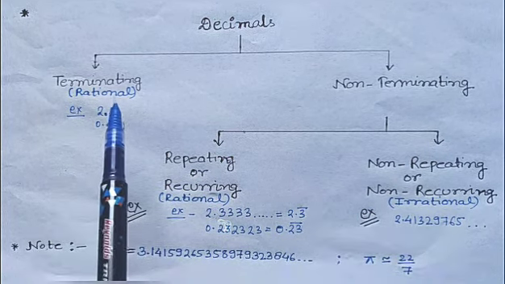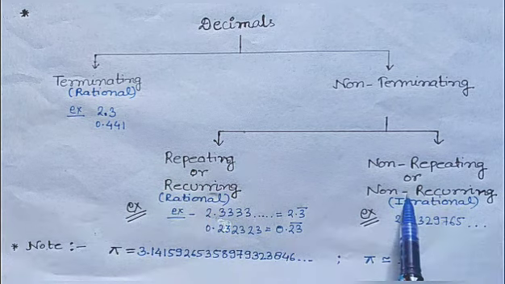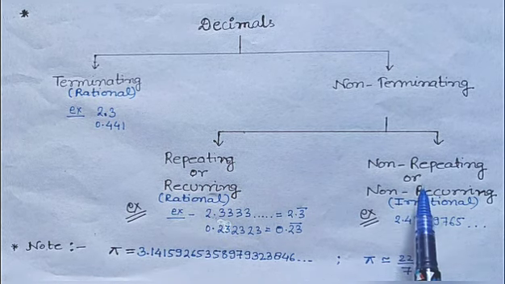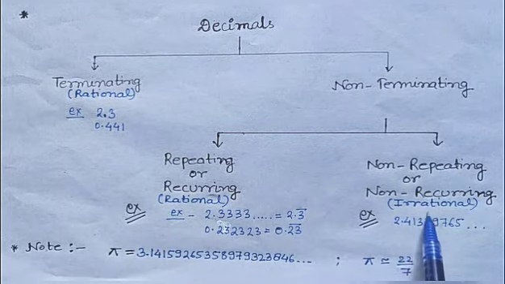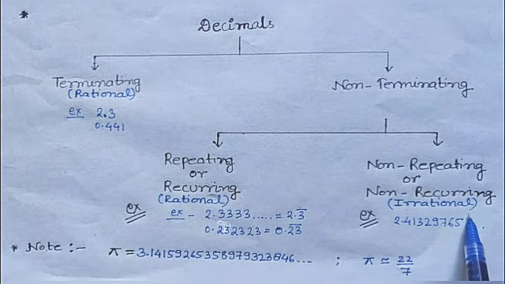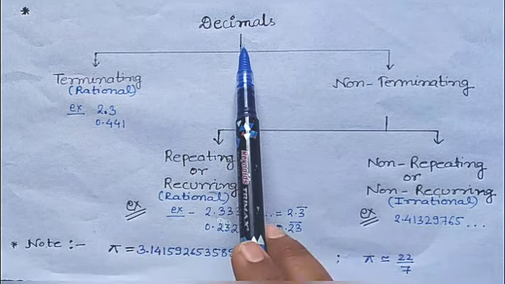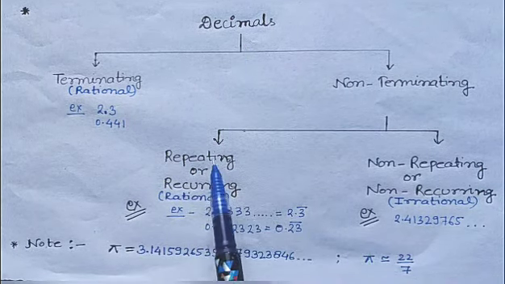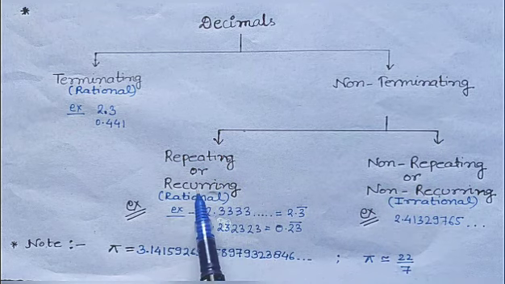So you can say that this is rational and this is rational, but we cannot represent this type of non-terminating decimal in the form of p by q, so it is an irrational number. So always remember that terminating decimals and repeating type of non-terminating decimals are rational.